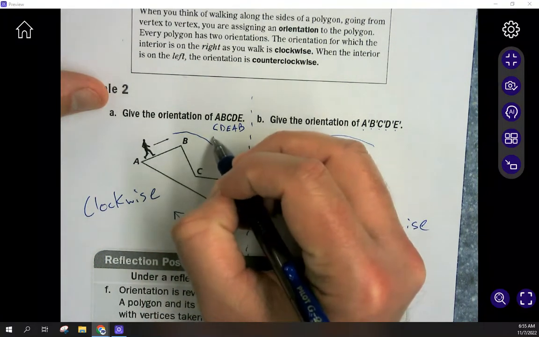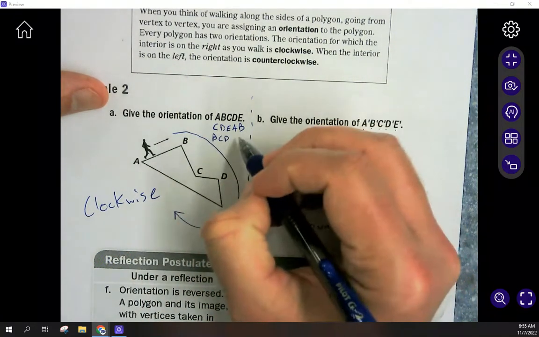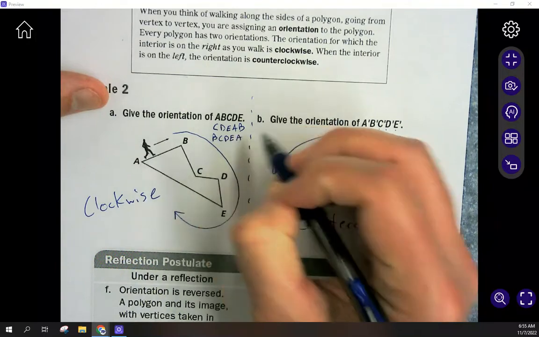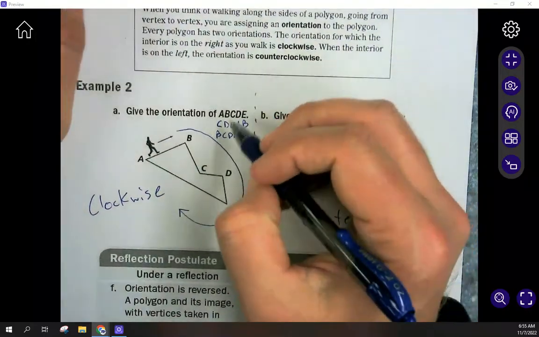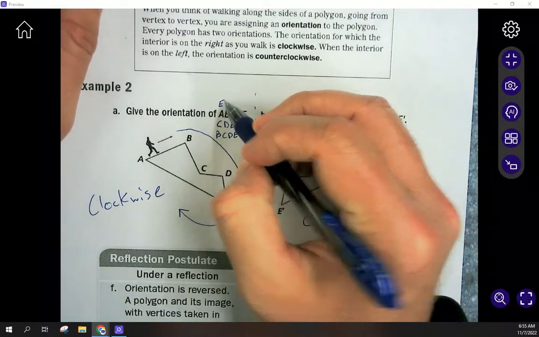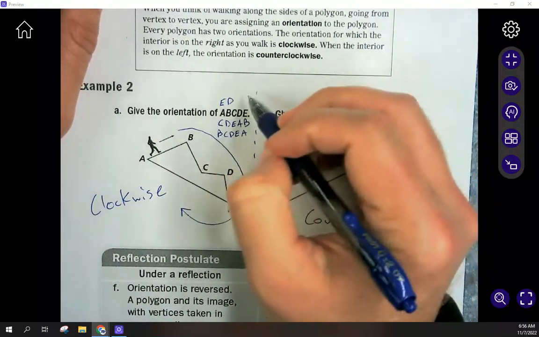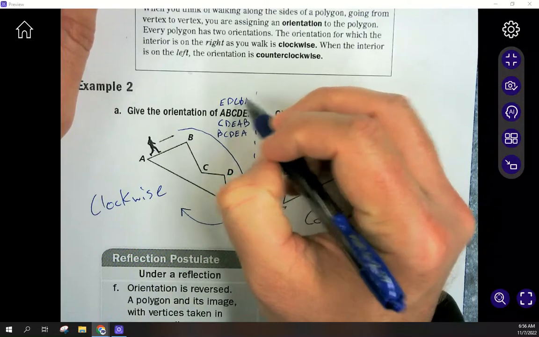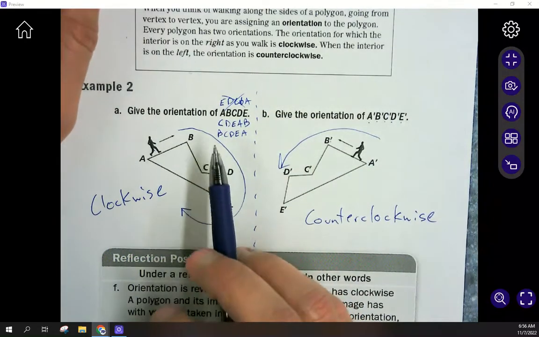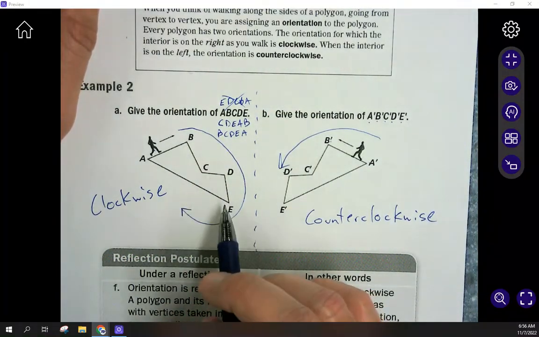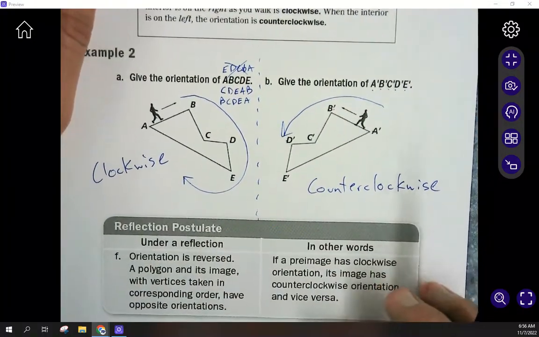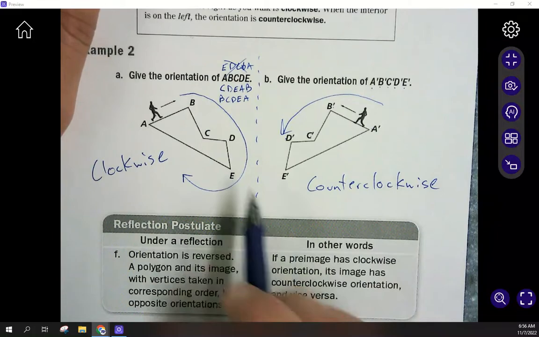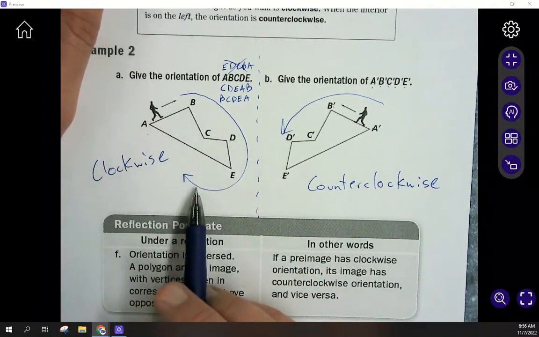You could start at B and name this B, C, D, E, A. Perfectly fine. But what you can't do is start at E and then go this way and call it D, C, B, A. That is not allowed. You still have to go alphabetically, but you don't have to start with A or the first letter that comes in the alphabet. You can start with any letter you want, but you still have to follow it around alphabetically.